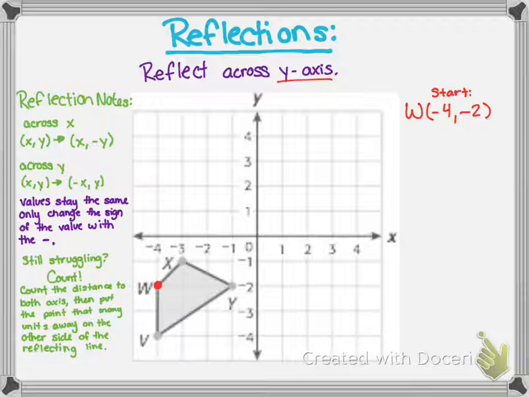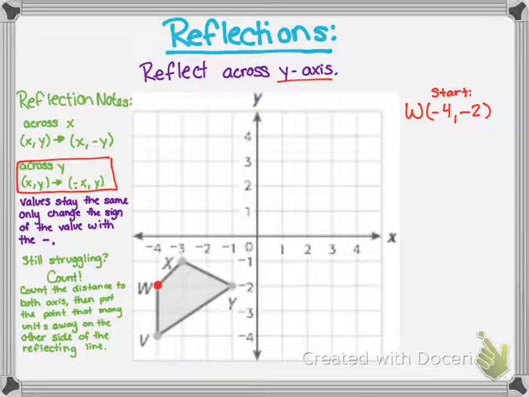Now, looking over at the rules, we're being asked to reflect across the y-axis. So going across the y-axis, we're going to use the second rule that's listed, where you take your original value, x comma y, and make your x value negative, or change the sign, by multiplying it by negative, and your y value is going to stay exactly the same.